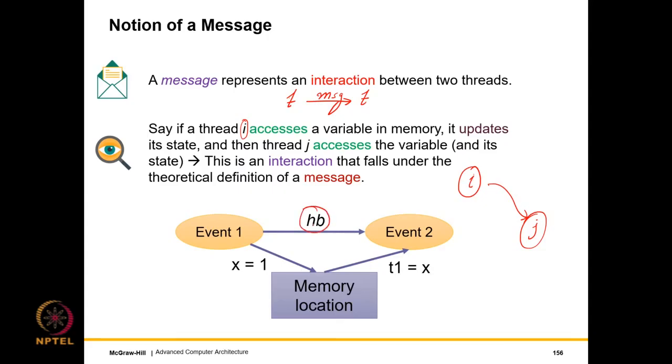It is called a happens-before relationship. Such relationships can be codified in the memory model, where if we set x equal to 1 and another thread reads t1 equal to x, there is a happens-before relationship between them, subject to the constraints imposed by the memory model. Because we are primarily looking at SC here, once we have a happens-before relationship, that technically counts as a message.